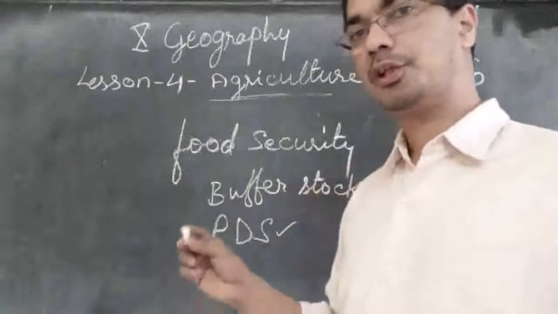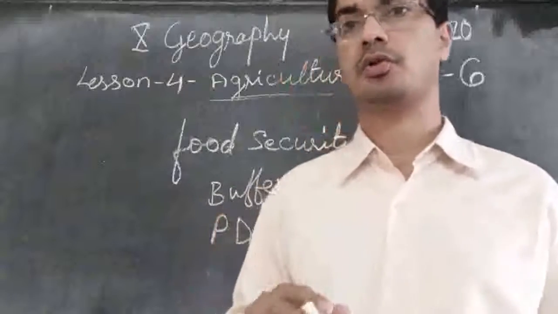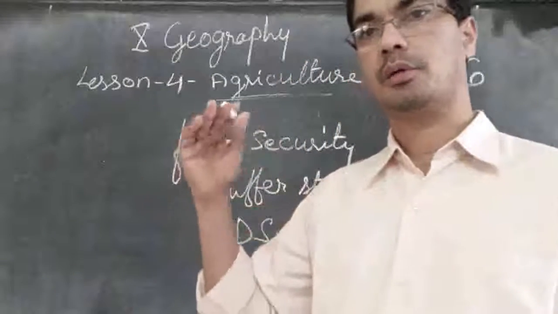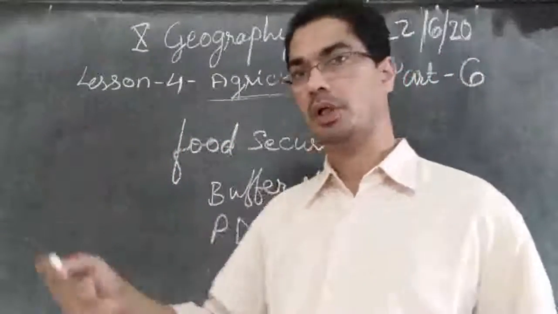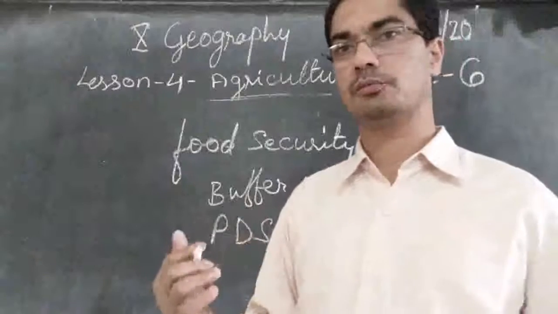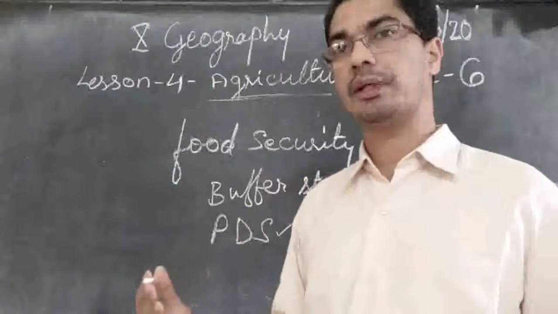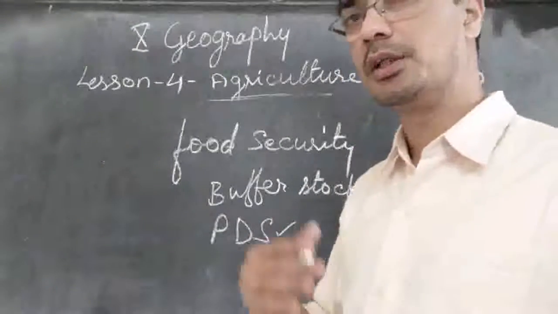So that will be distributed at a subsidized rate. Subsidized means reduced rate. So the price will be much cheaper than that of the outside shop. In the PDS shop or the fair price shop or a ration shop, it is known by different names, the price will be much lower than the outside.